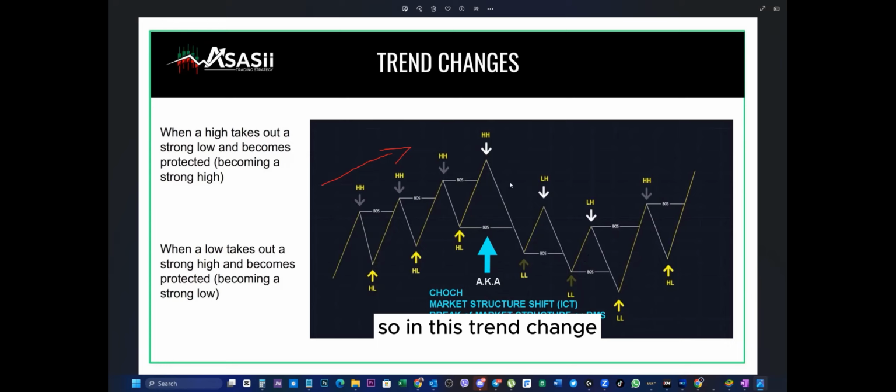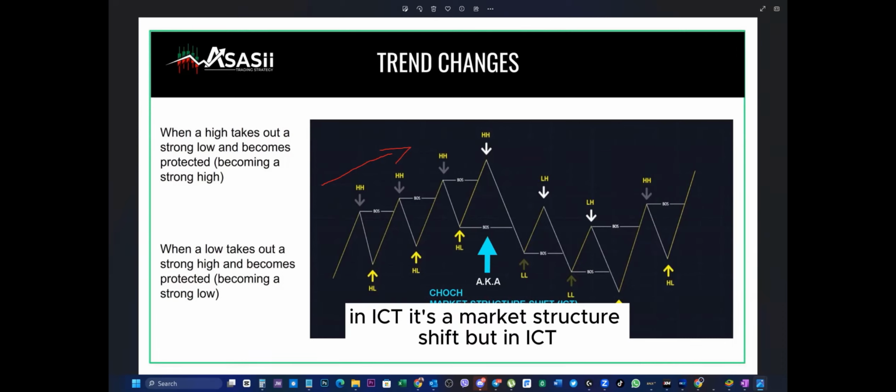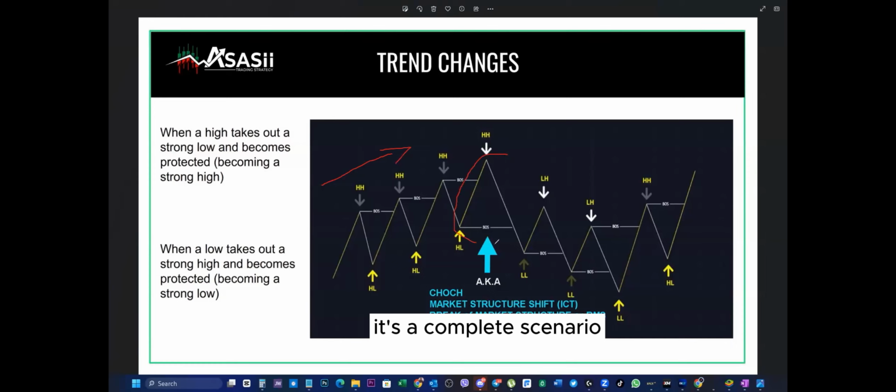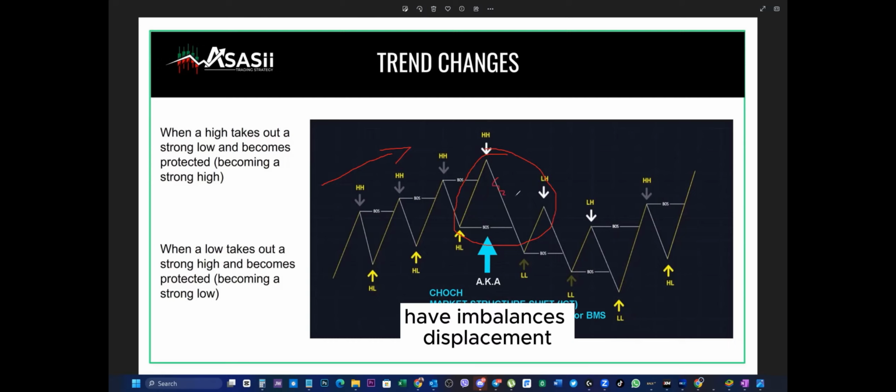So in this trend change, normally other people know this as CHOCH or change of character. In ICT, it's a market structure shift, but in ICT, it's a complete scenario. MSS, market structure shift, has imbalances, displacement, and all of this.